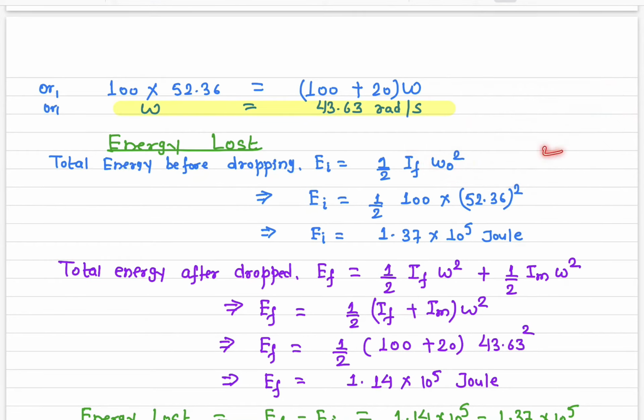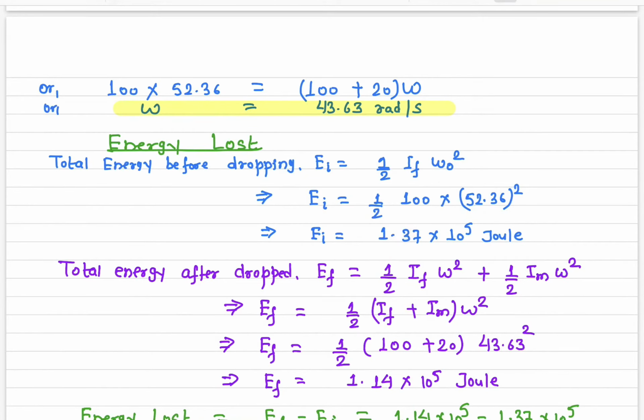You can translate the equation K equals half m v squared into rotational dynamics. The mass has to be replaced by the moment of inertia, and the linear velocity will be replaced by the angular velocity. Then we can plug in all the values. The moment of inertia of the flywheel is 100, and the initial angular speed is 52.36.